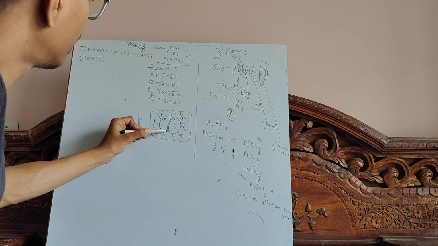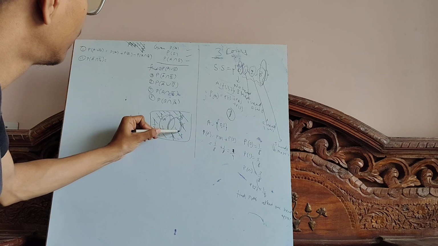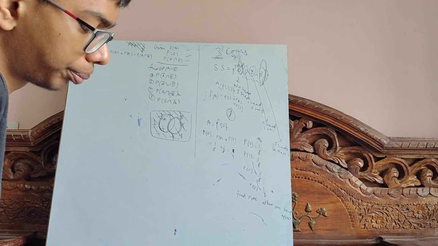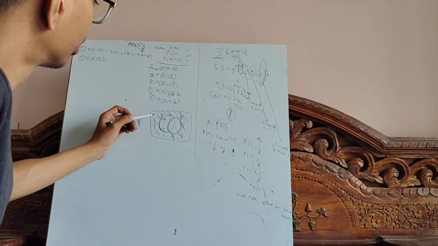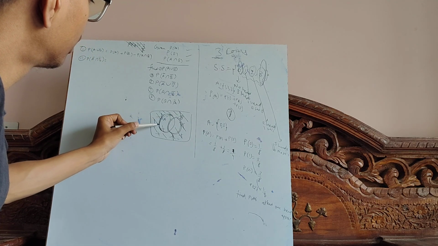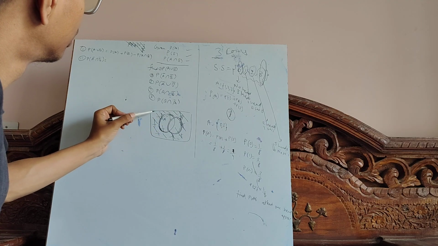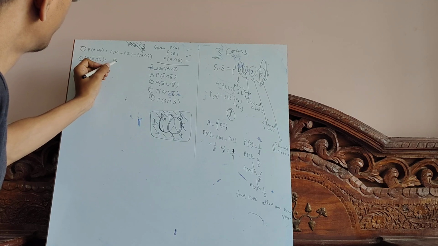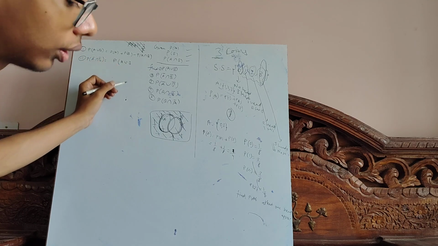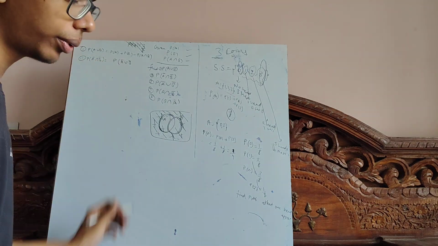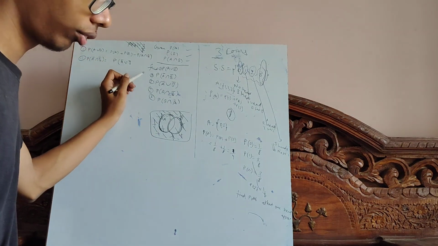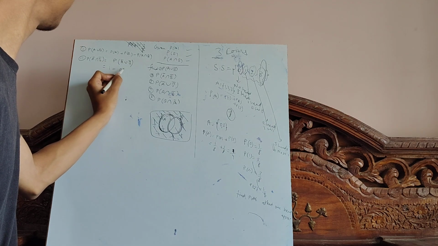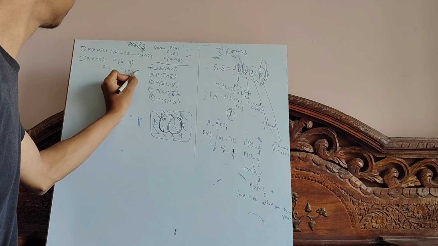Simply this whole area, right? This is the thing that I don't want. So what I have to do, I have to simply take the complement of A union B का A complement union B complement का, right? I have to take this. This will be 1 minus P of A union B, right?